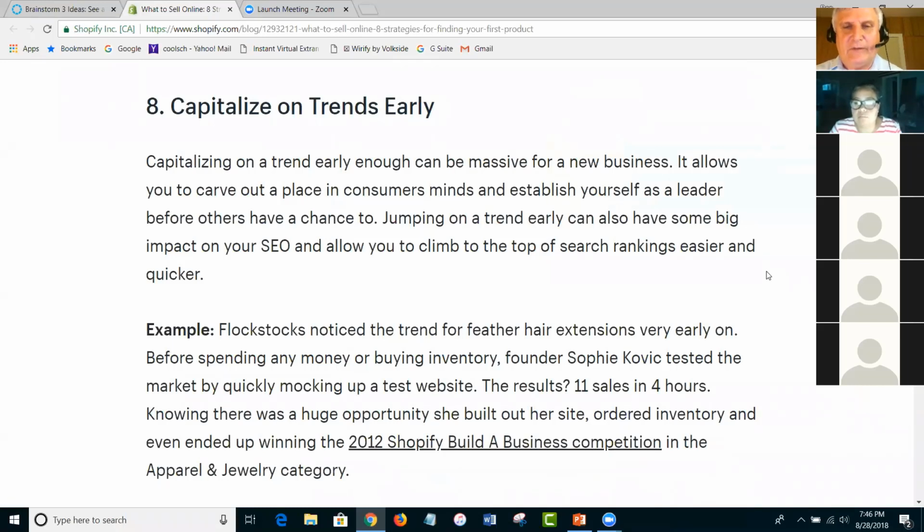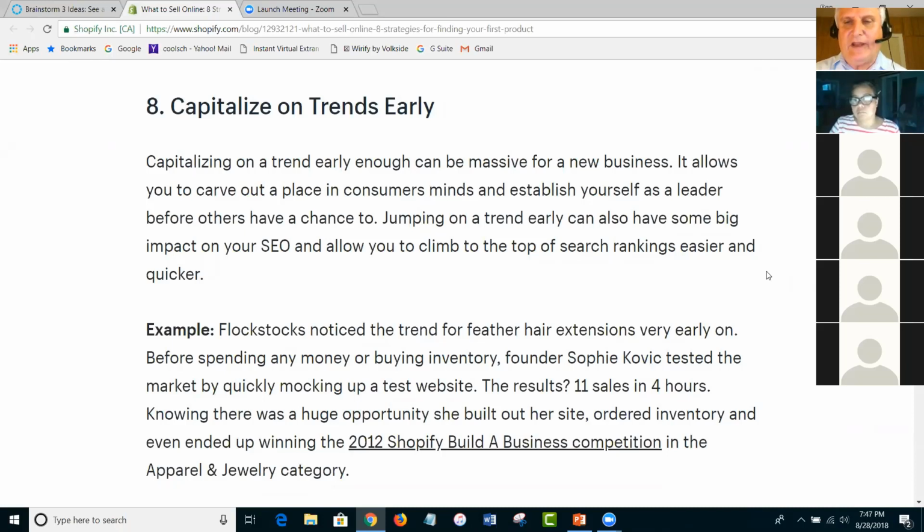That might be a coming trend, but there's always things that are happening that some people are discovering early, and if you're an early discoverer or an early adopter of something, that might be something that you can do online and take advantage of.